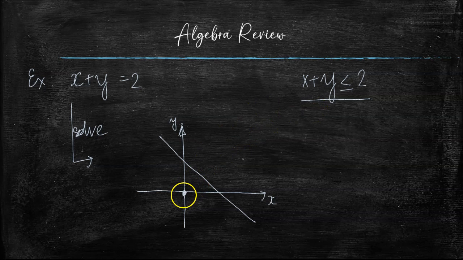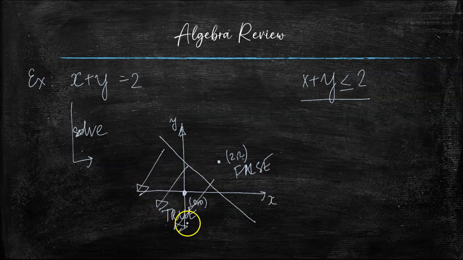I'm going to use some test points. I can pick a test point (0, 0), or I can pick a test point, let's say (2, 2). And I will test. You can see that at (0, 0), it's true, and at (2, 2), it is false. That means this part of the Cartesian plane is the solution set of this inequality.